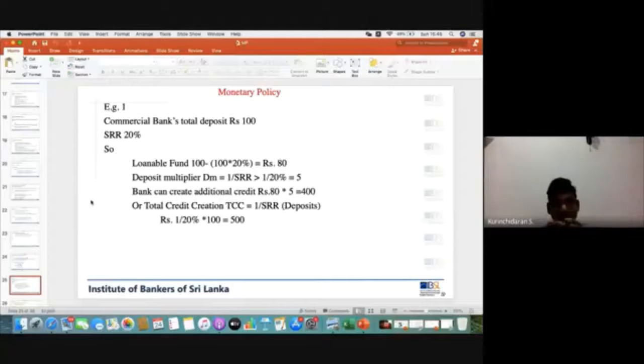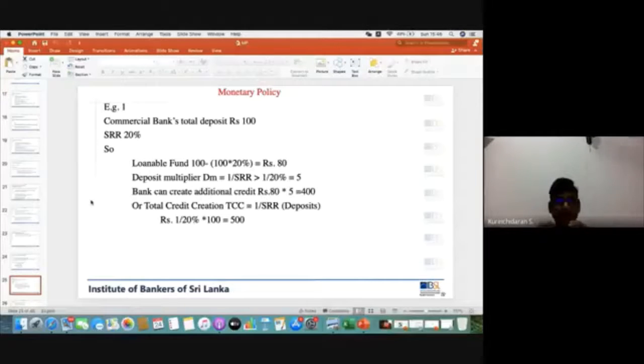So the public borrow that and pay their dues, and another firm again keeps that money as a deposit. So that's coming to another bank. Let's say 80 rupees. Now bank B got 80 rupees. They have to keep 20% with the central bank. Then 16 rupees goes. Then the balance 64 rupees only can be lent by bank B.